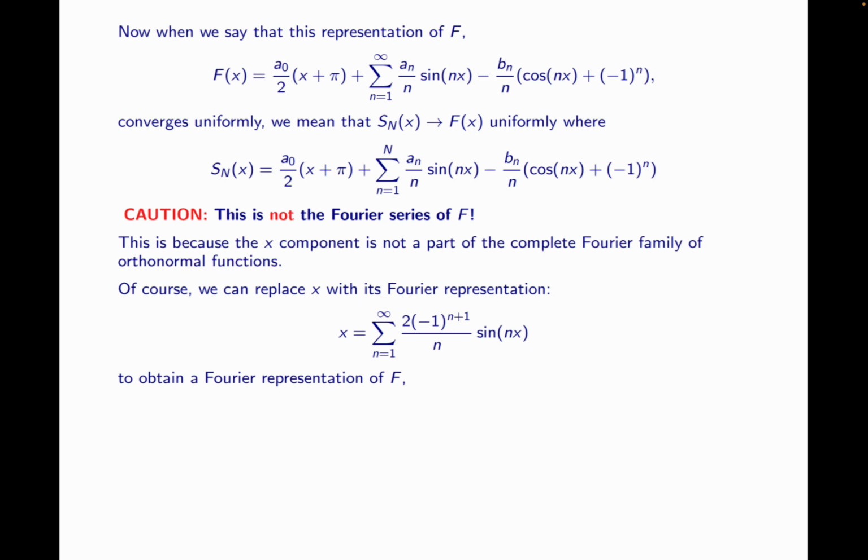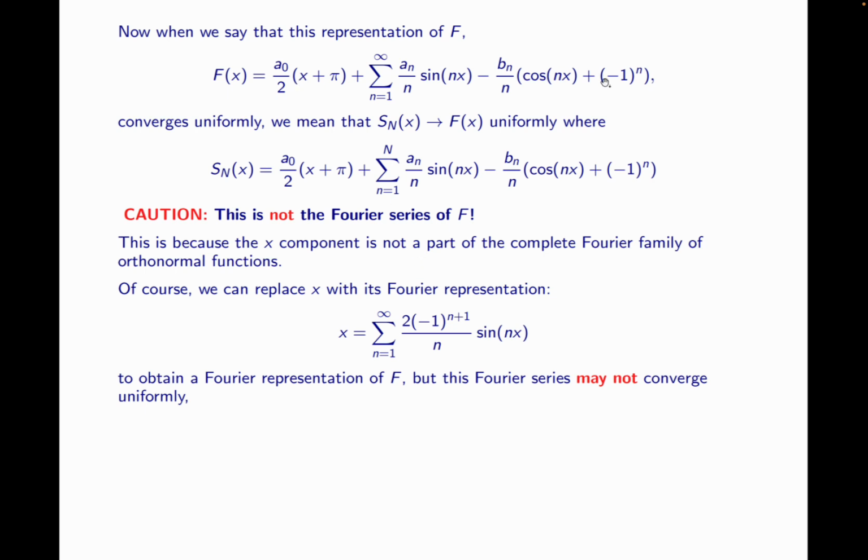Now, of course, we can take the Fourier series of x and swap it into here. Here's the Fourier series of x. We've done it before. It's equal to that. So if we take that series representation of x and plug it into here, then we do get a Fourier series of f. But keep in mind that this Fourier series may not converge uniformly.